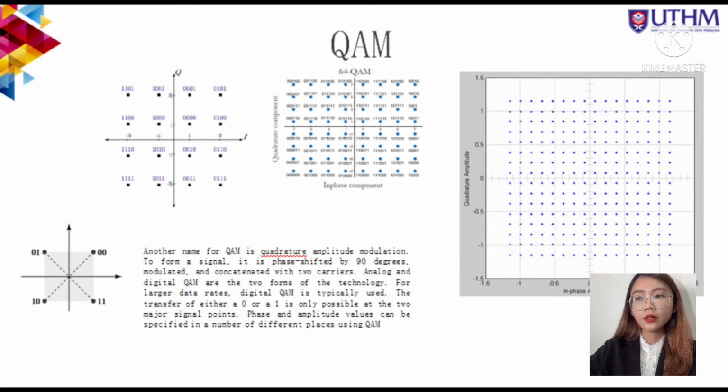The transfer of either a 0 or a 1 is only possible at the two major signal points. Phase and amplitude values can be specified in a number of different places using QAM. These are all the constellation diagram of QAM.